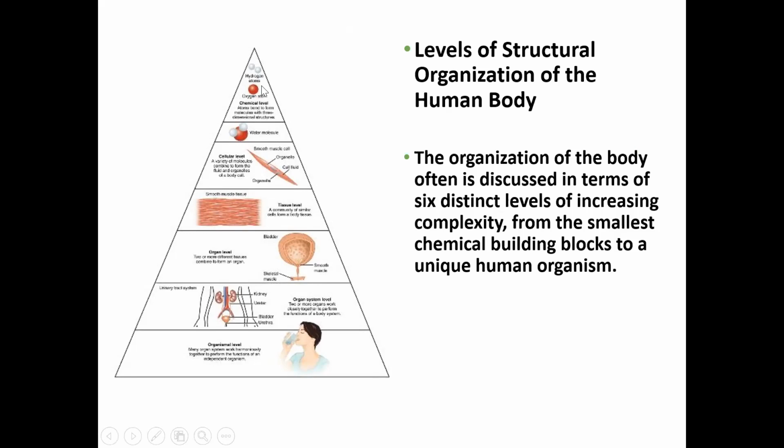The least complex structures in our body are atoms, hydrogen atoms, smallest substance. An atom is the smallest particle that has the properties of a substance. An atom of carbon is the smallest substance of carbon, for example, or hydrogen or oxygen.